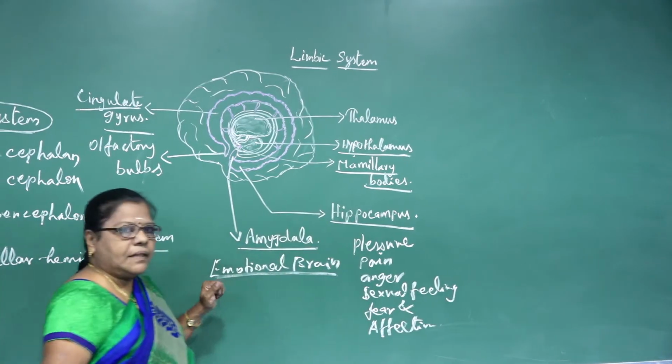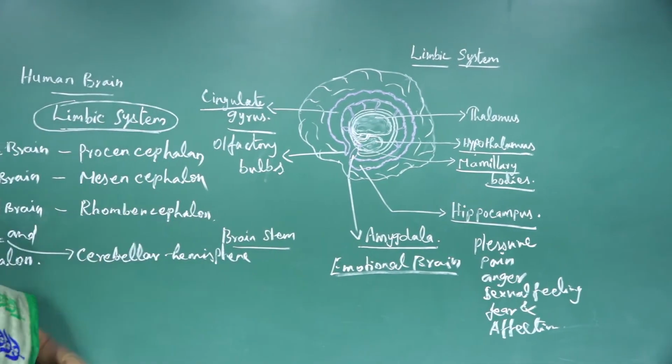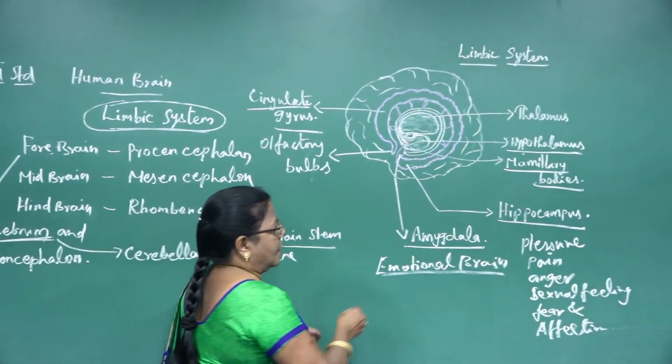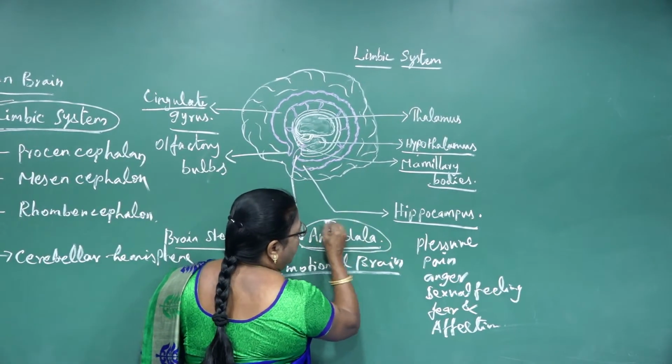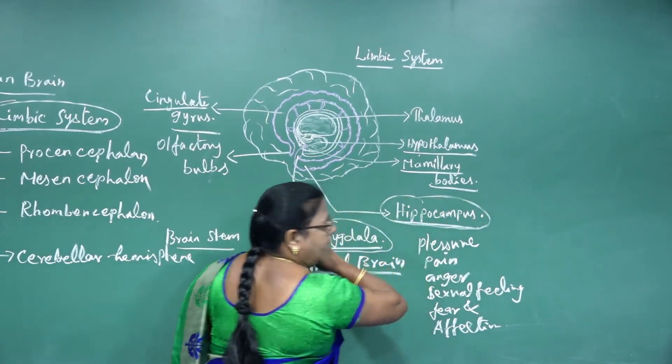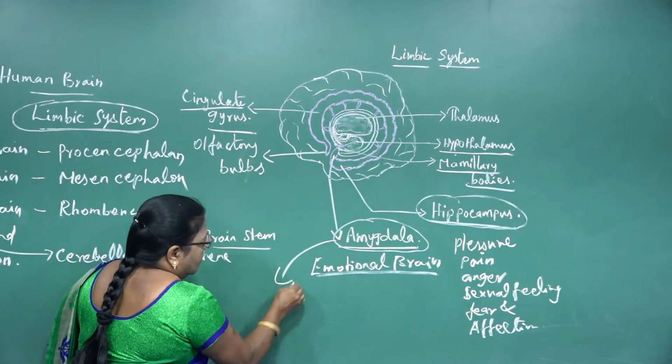These are controlled by this limbic system. And the amygdala and hippocampus also play a role in memory.